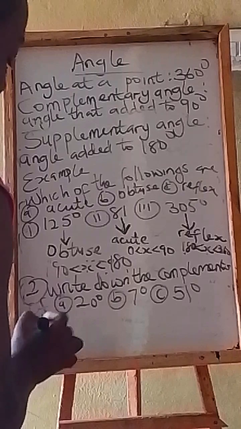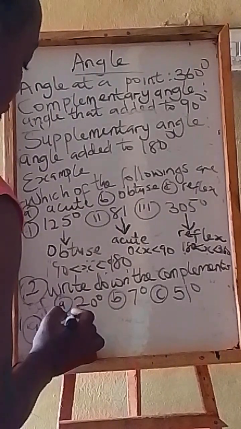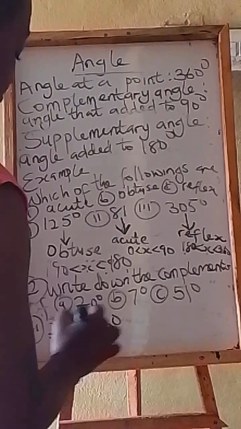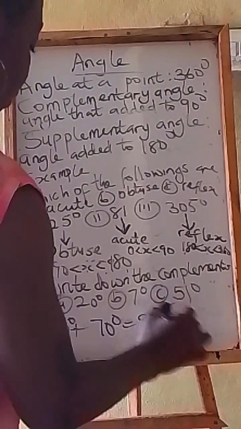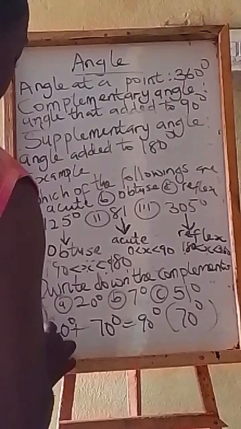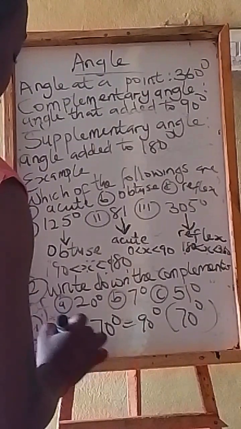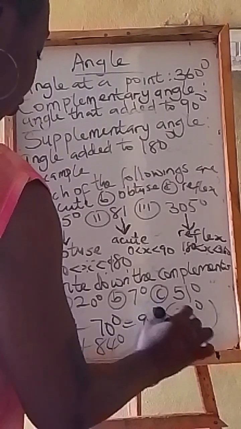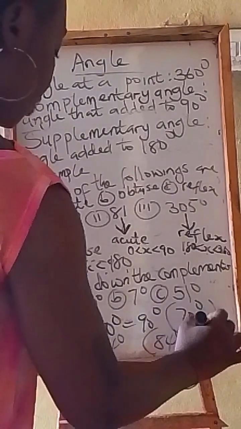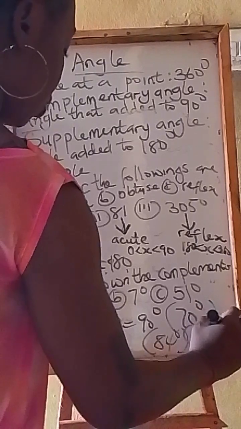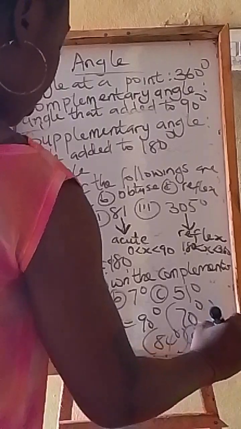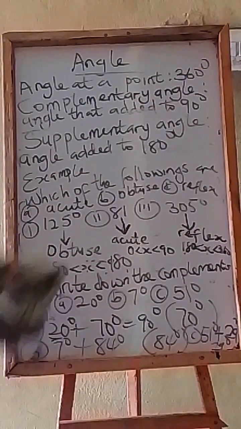So what's the complement of 20? The complement of 20 is 70, something you add up. If you add this, it is going to give you 90. So the complement is 70 degrees. We come to B. This is 7 degrees plus 83 degrees. We go to C. We have 51 degrees plus 39 degrees. So that is the complement.